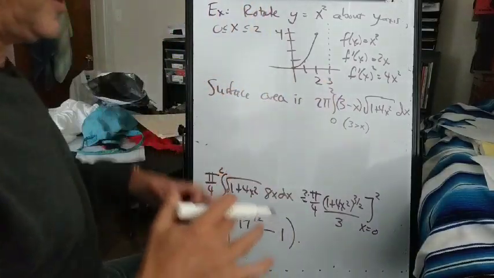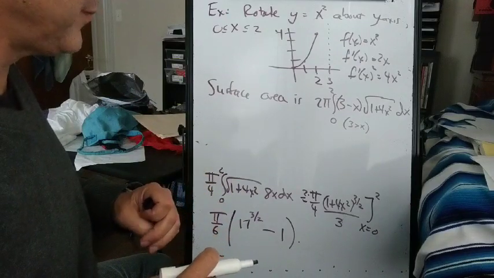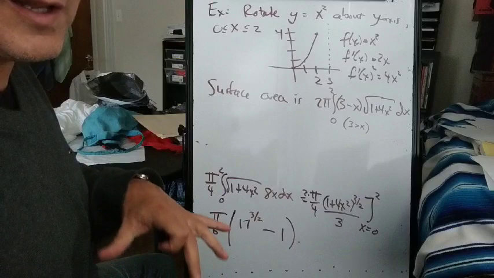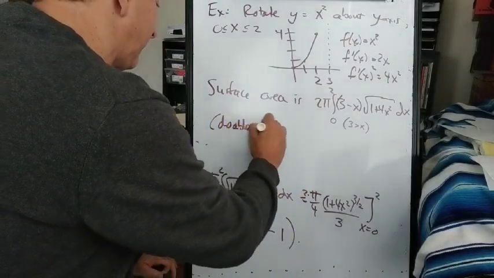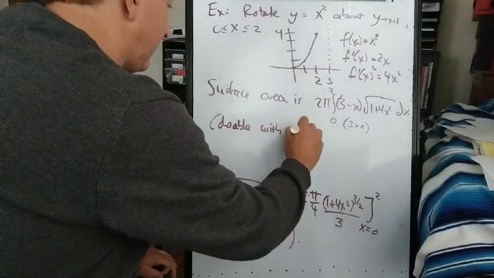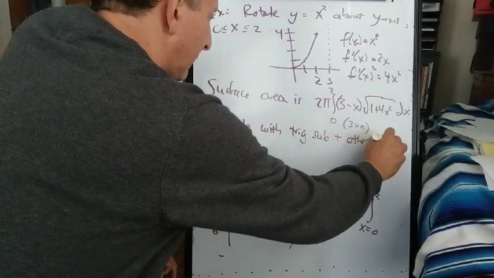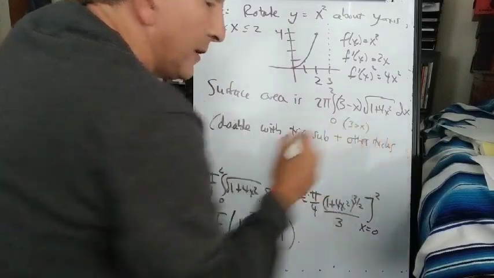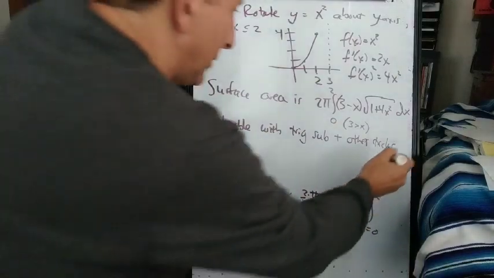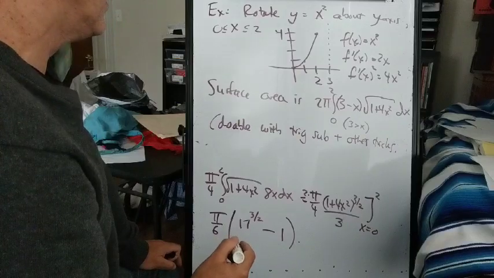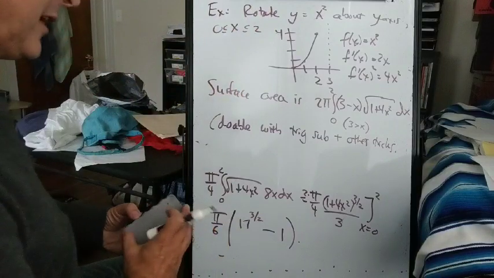This integral is a little bit complicated, but doable if we use trig substitution and some other tricks, because the trig sub gives us a secant cubed. Let's just leave that as it is and not evaluate it.